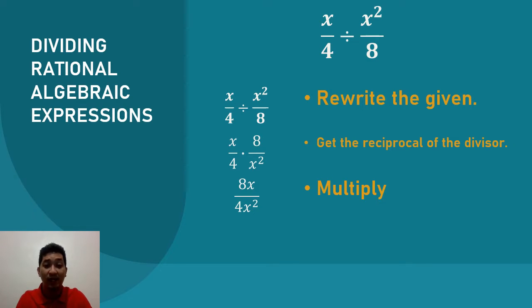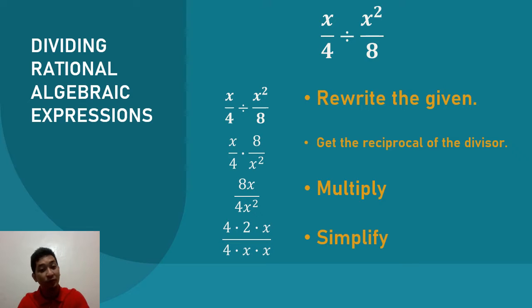So that's 4x squared. And then, if possible, you have to simplify it using different factoring techniques. With this one, it's just easier because this is just an example. Okay, so you have 4 times 2 times x because the factors of 8 are 4 and 2. And then, over 4x squared, the factors, 4, since may 4 naman nasa taas, and then x times x.